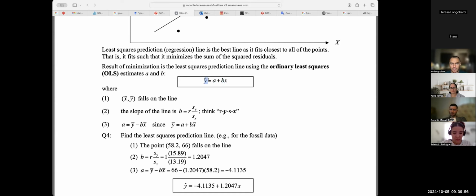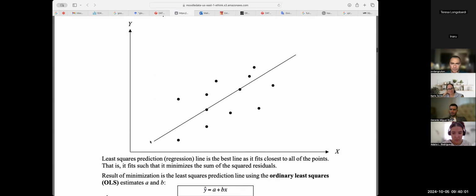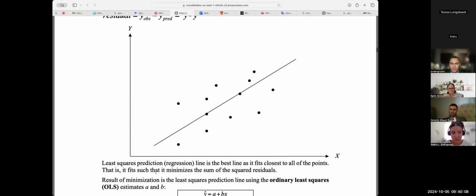So the point is that the line represents the observations here on this scatter plot, but in fact, there are a lot of observations that are off the line. So it's just a representation of the relationship between X and Y that exists only in the range of the X values.